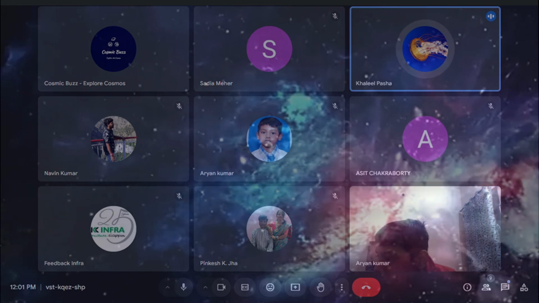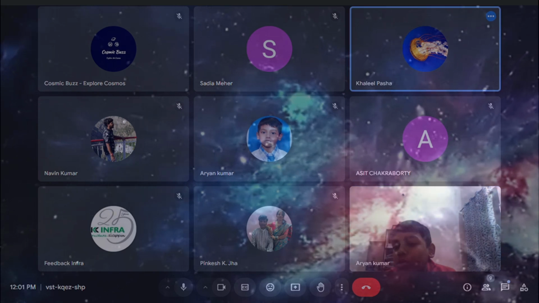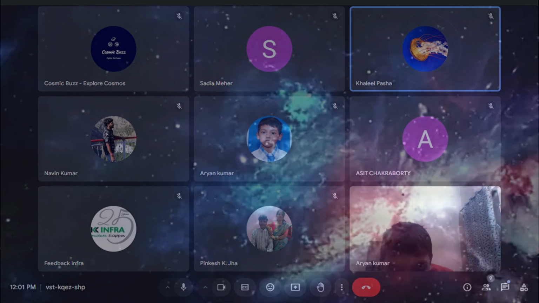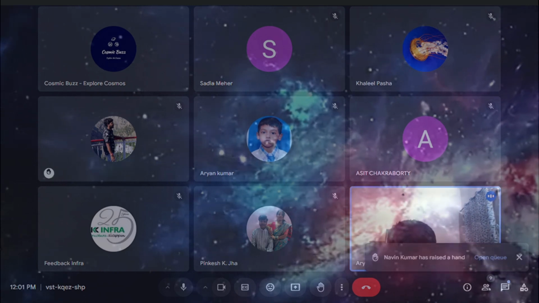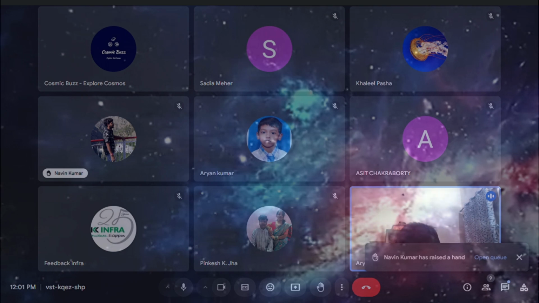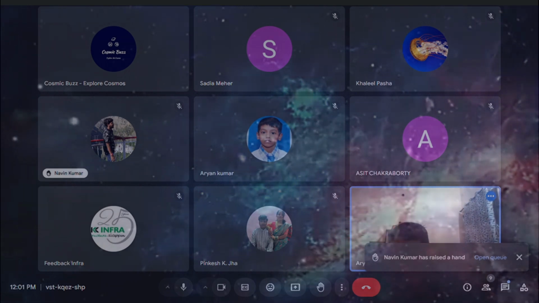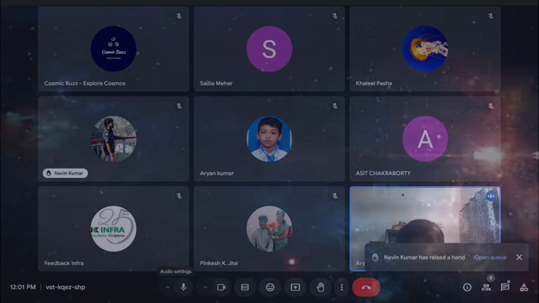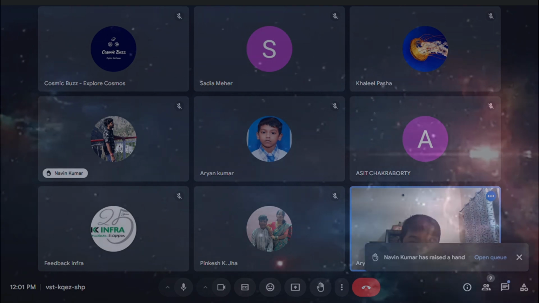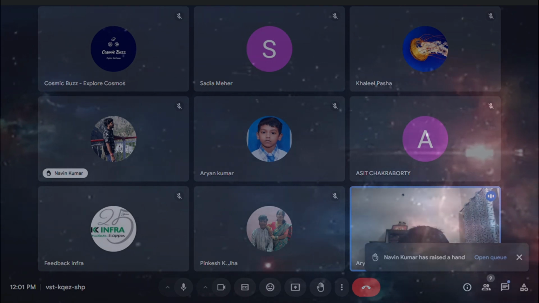Mapping the celestial bodies. Okay, I will think about that. I also have a little bit of an idea of mapping the stars in the sky. Someone has raised their hand.